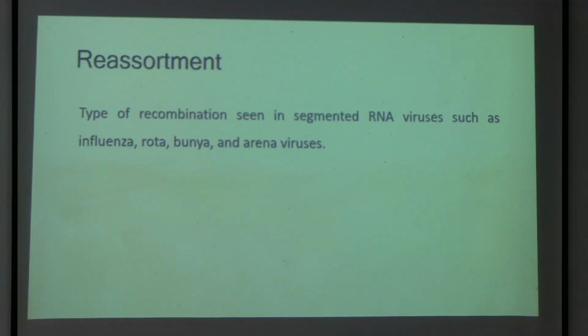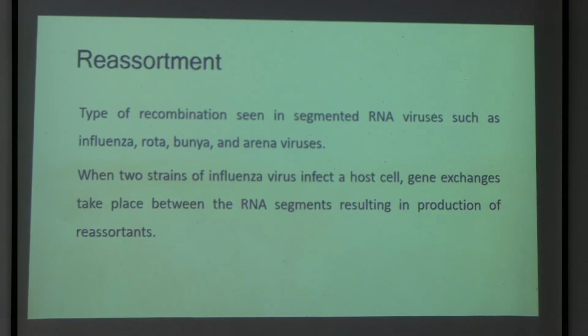There is another thing called reassortment. Reassortment is a type of recombination. It is seen in segmented RNA viruses such as influenza, rota, bunya and arena viruses. When two strains of influenza viruses infect the host cell, gene exchange takes place between these RNA segments, resulting in the production of reassortants.